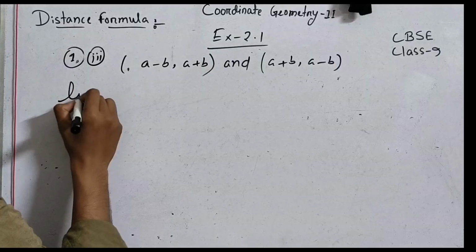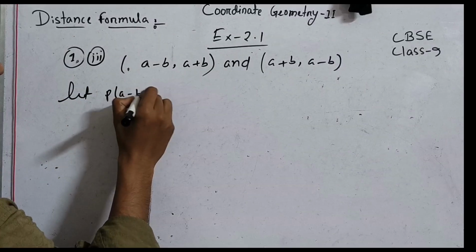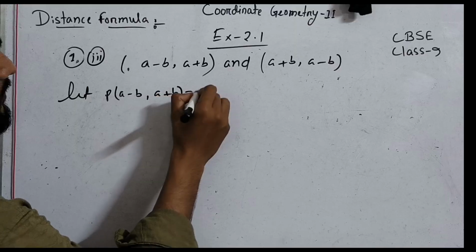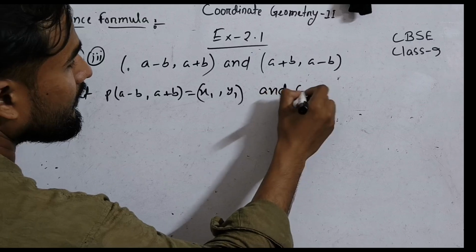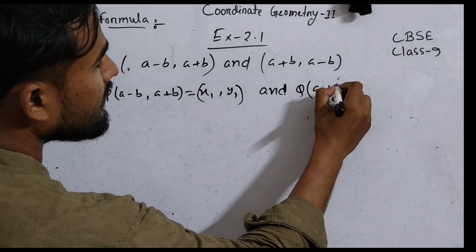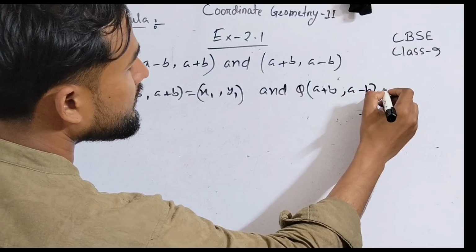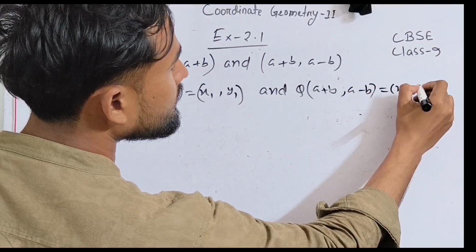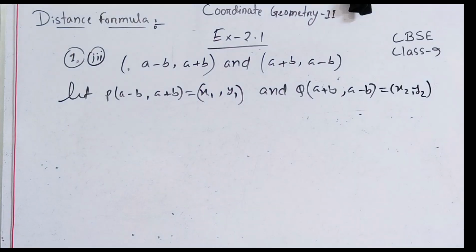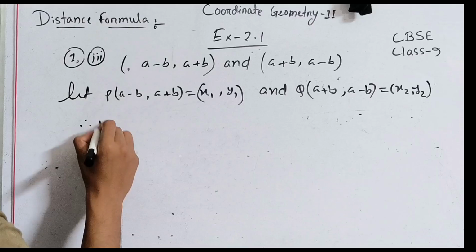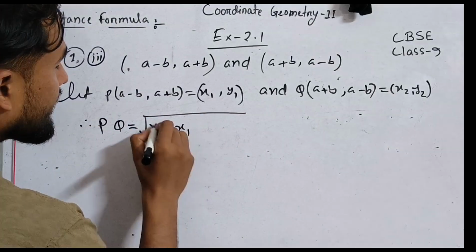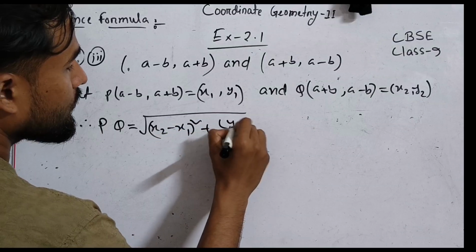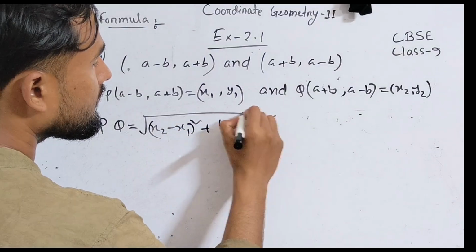Similarly, we can let P(a minus b, a plus b) equal (x1, y1) and Q(a plus b, a minus b) equal (x2, y2). Therefore, we already know the formula: PQ equals root over (x2 minus x1) whole square plus (y2 minus y1) whole square.